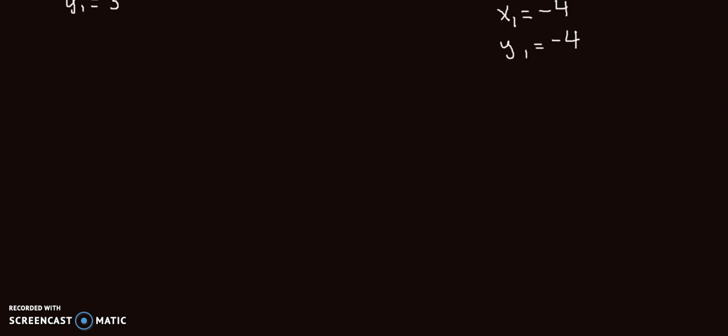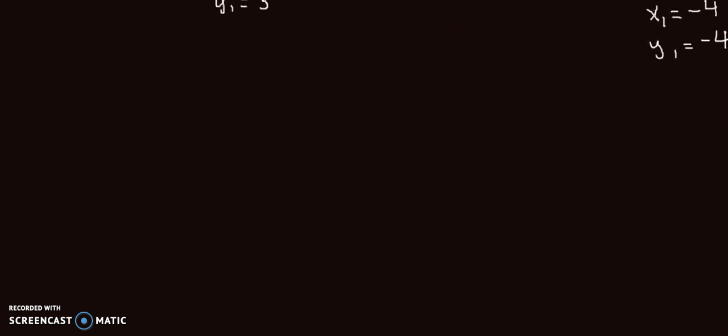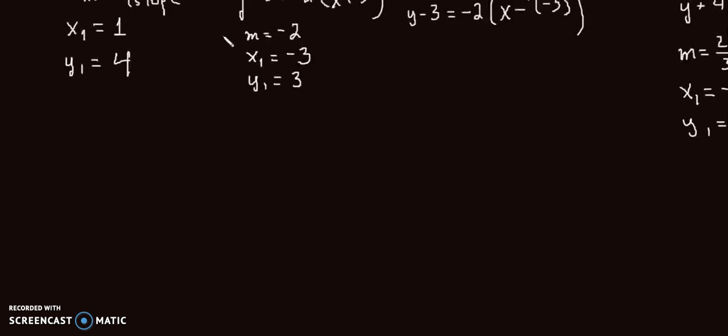Now what happens if we want to graph a point-slope form? Just quickly, for example, if I have y minus 1 equal to 2 times x minus 2, I would identify my x1 as 2, my y1 as 1, and my slope is 2.